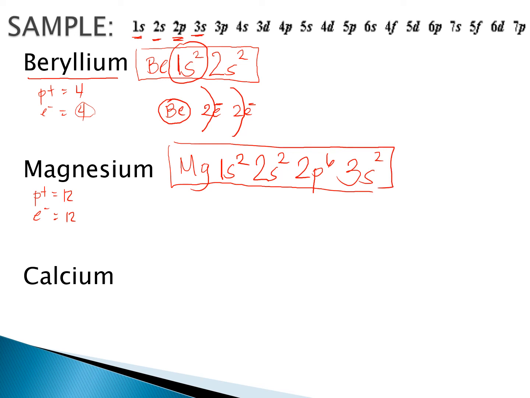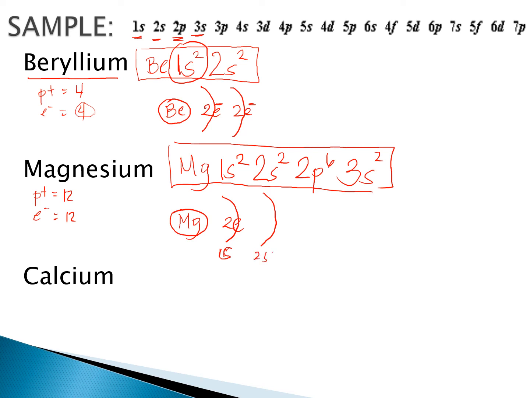So now let's draw its half shell diagram. This represents the magnesium nucleus. Let's start with the first energy level, 1s2. So this is 1s. There are 2 electrons in the 1s. Now, second energy level, there are 2 orbitals, 2s and 2p.